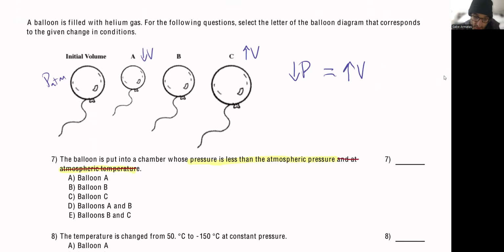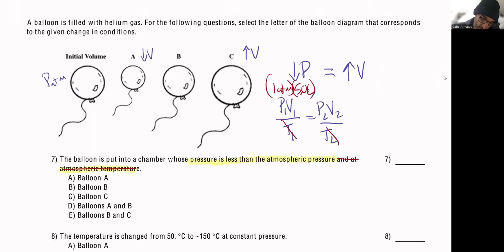We can also look at this another way. We can look at it P1 V1 over T1 equals P2 V2 over T2. Temperature is, like I said, constant. And what we're going to see is if I had a pressure of 1 and a volume of 5 liters, and I shifted it to a pressure of 0.5, what's going to happen to the volume?